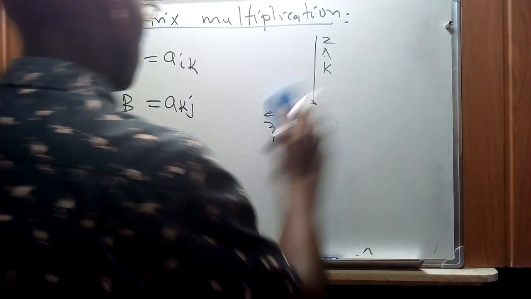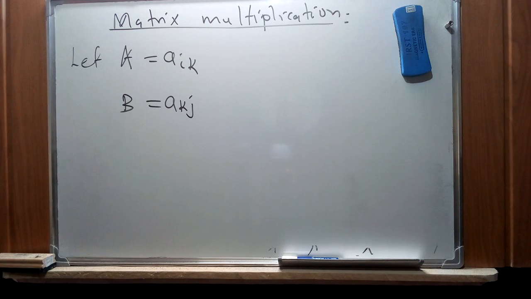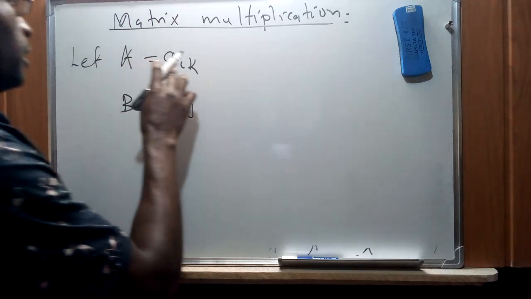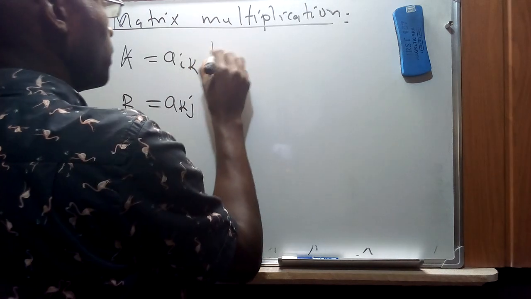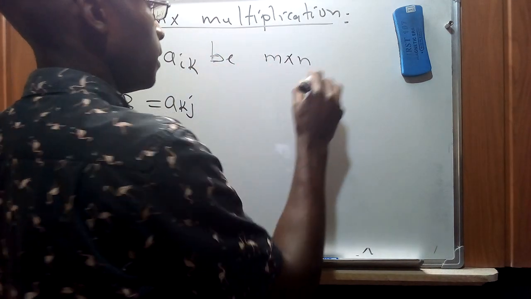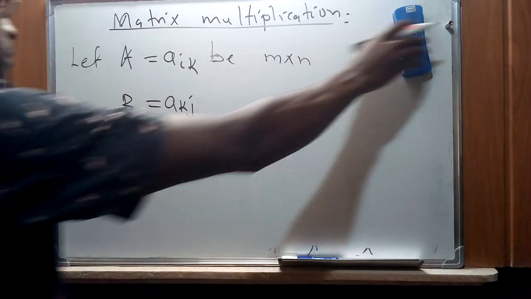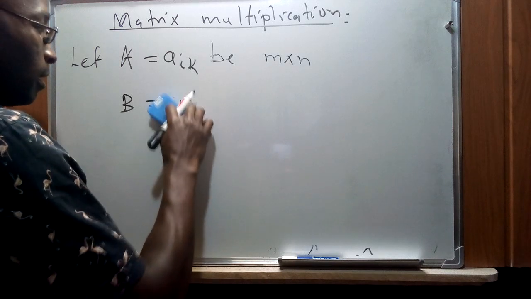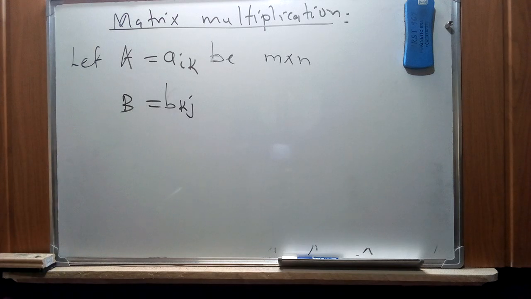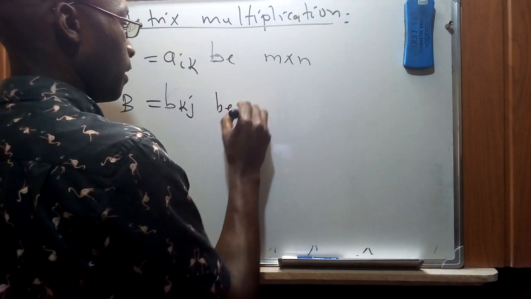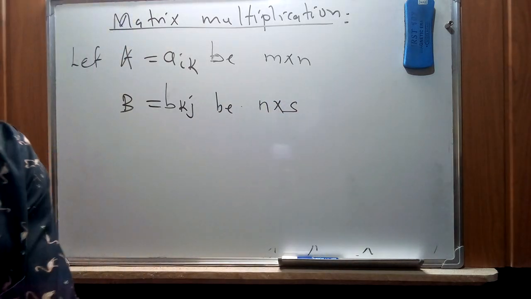I hope that we understand the concept of i, j, and k as far as vectors are concerned. So let A, Aik, be an M by N matrix, and let B, Bkj, be an N by S matrix.